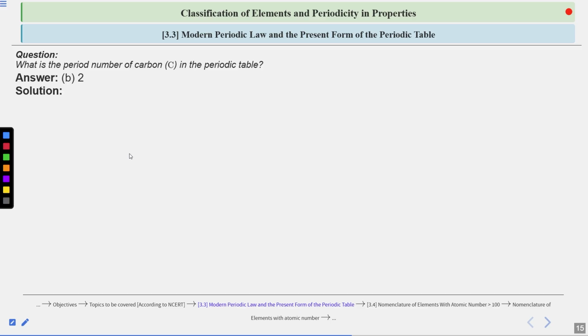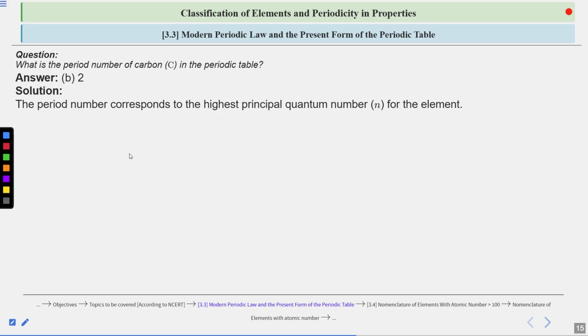How have we solved it? I told you that you should look for the highest principal quantum number. Now, this is an easy example, but when you meet an element that has a very high atomic number, it is very difficult to decide in which group or which period it falls.